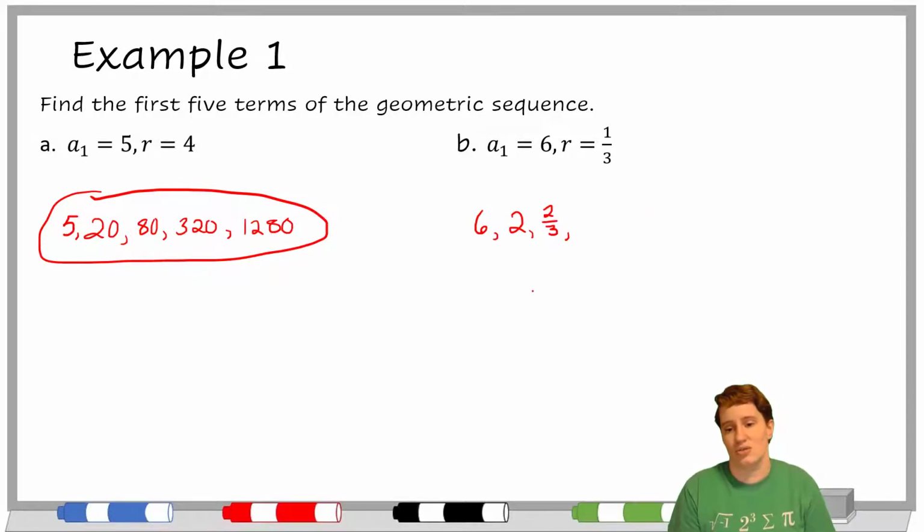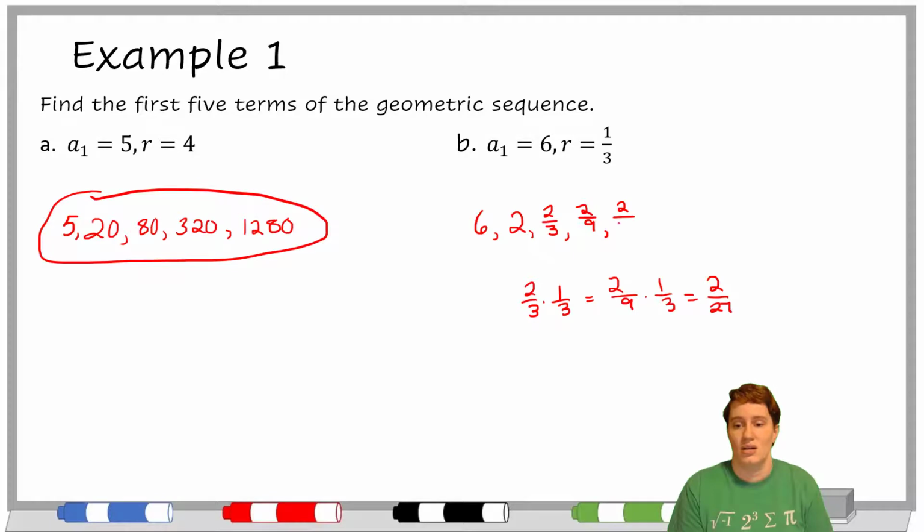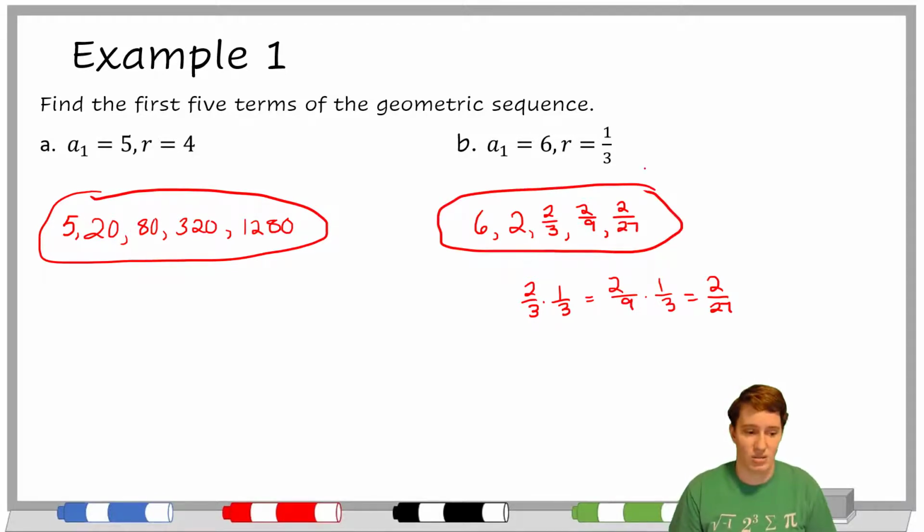Multiplying 2/3 by 1/3 would be 2/9. You have to remember how to multiply fractions or use a calculator. Then 2/9 times 1/3 is 2/27. And it would just keep going like that, getting smaller and smaller fractions.